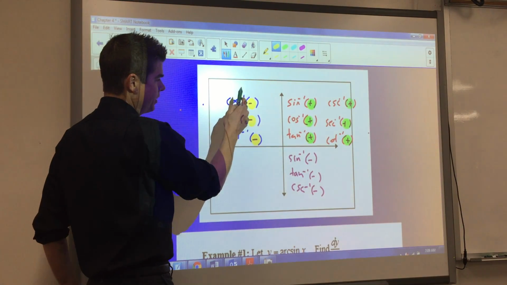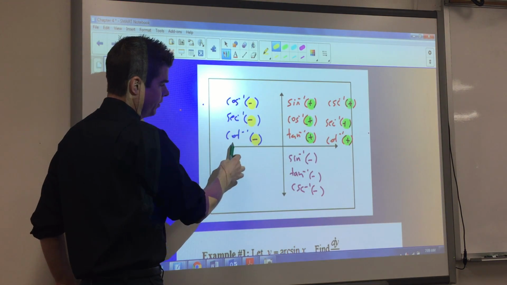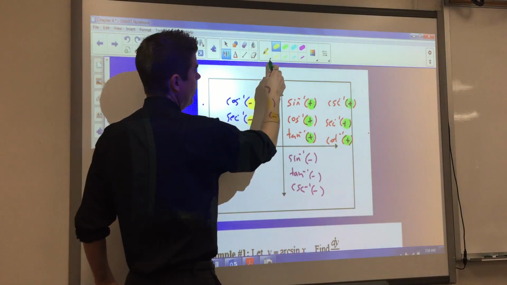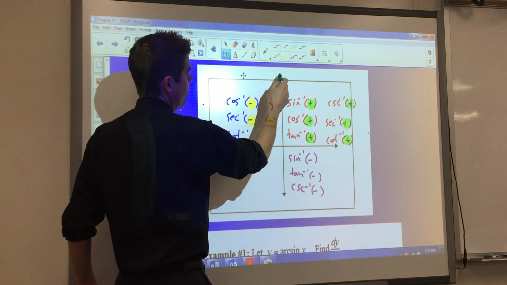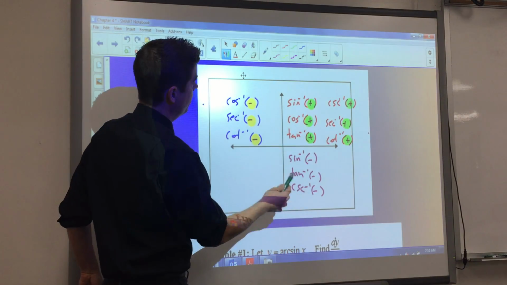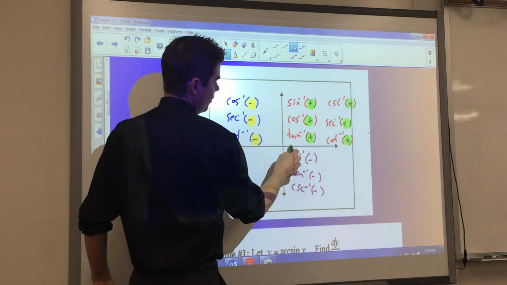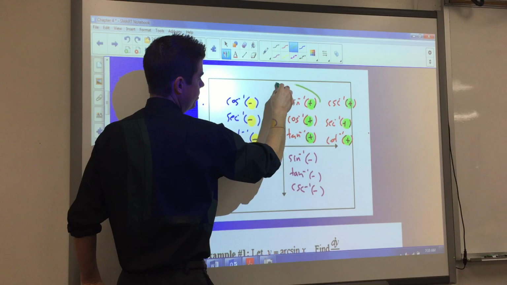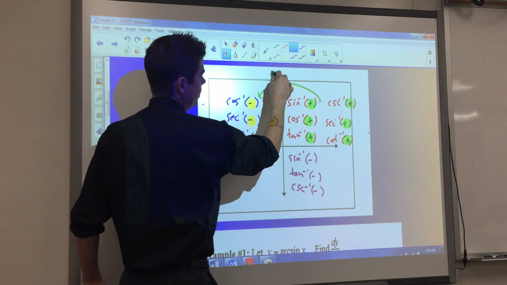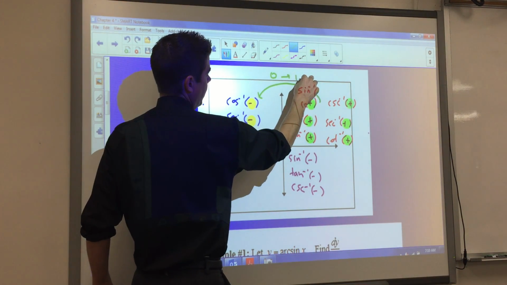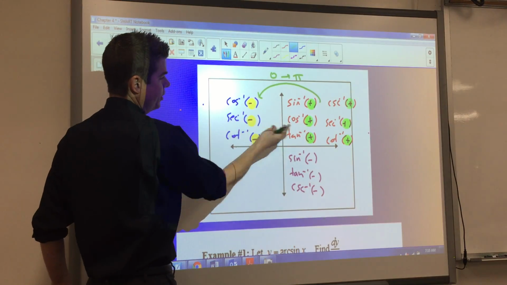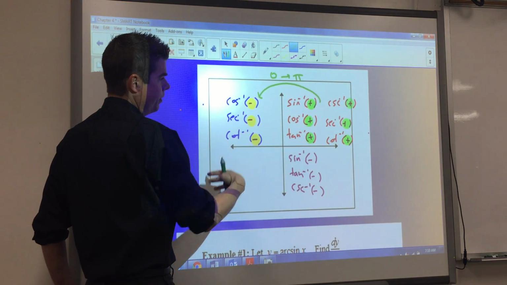And so the cosine inverse, secant inverse, and cotangent inverse will have a range of angles that will run you between 0 degrees and 180 degrees, or 0 to pi radians. So those three functions will have that as a possible outcome.